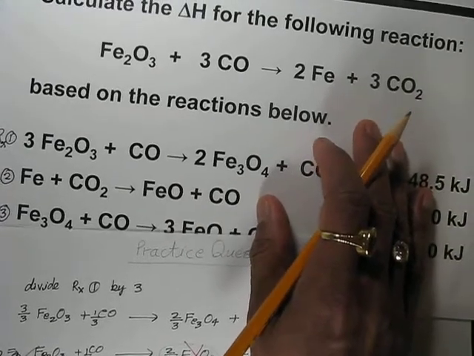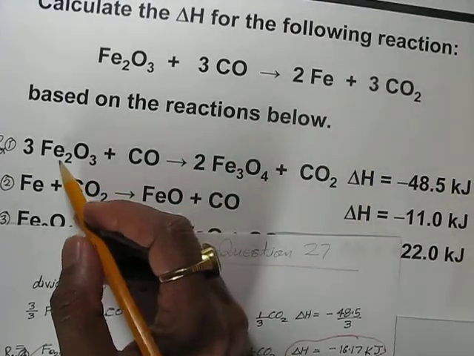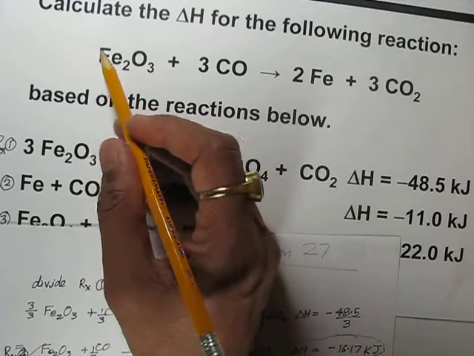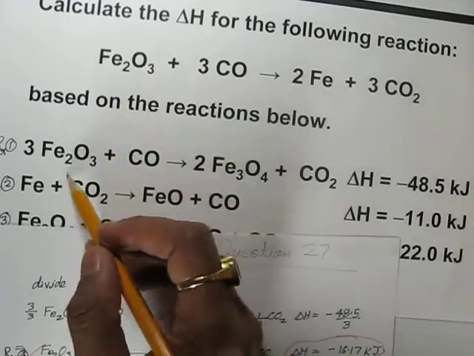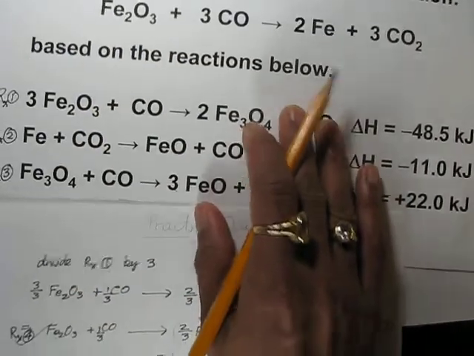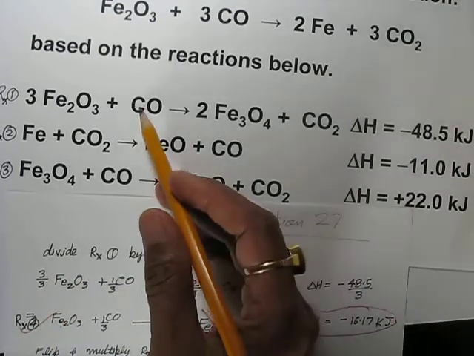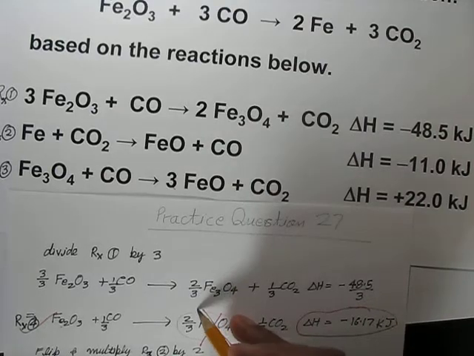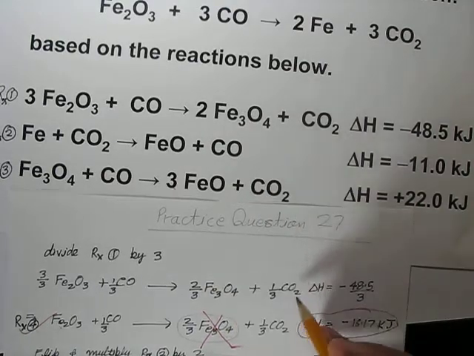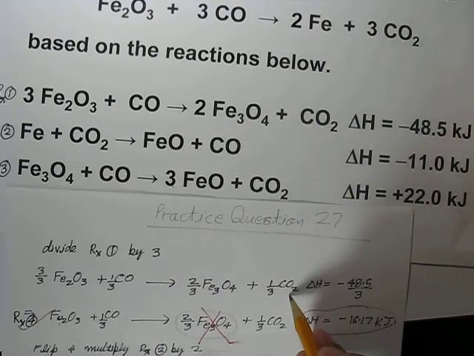Basically we are dividing because we need 1 mole of Fe2O3 on the reactant side. Once you divide by 3, you get 1 by 3 CO2, and then 2 by 3 Fe3O4, and then 1 by 3 CO2.